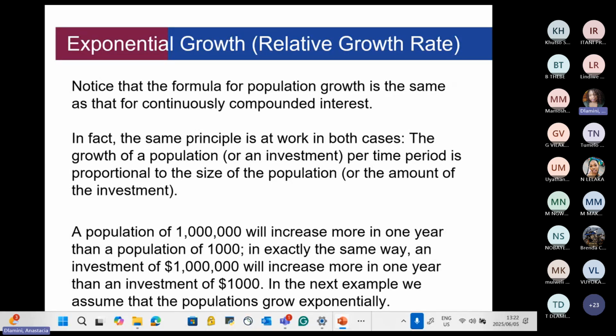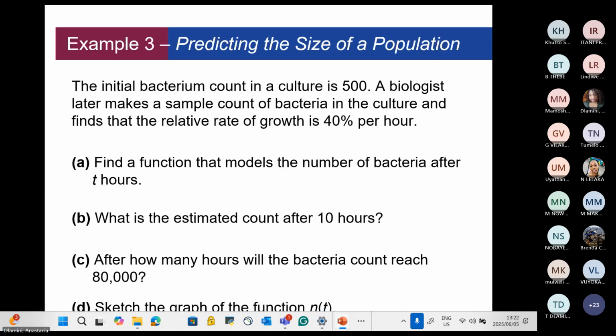So in exactly the same way, $1 million will increase more compared to someone who puts in $1,000. So they say in the next example, we assume that the population grows exponentially. So if we assume that population grows exponentially, which formula are we using?